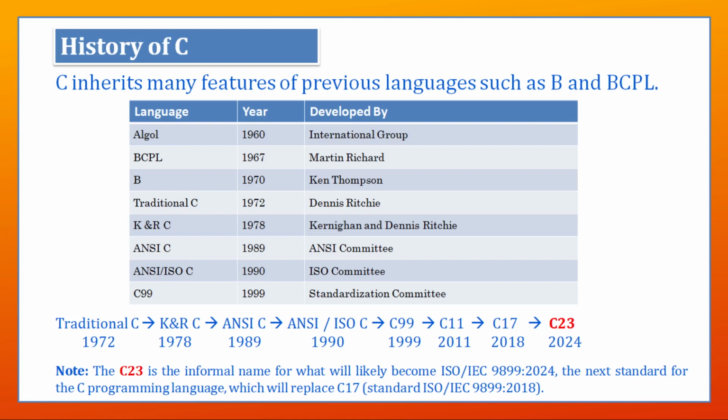The present draft version of C23 is the informal name for what will likely become the next standard for C programming language, which will replace C17 standard.